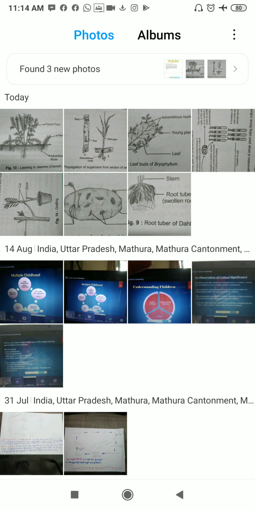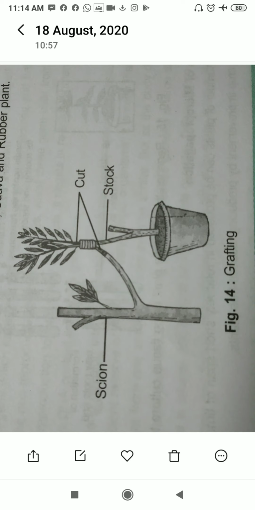In the grafting method, a very young scion. In this, they take a part of a stem, part of a desired plant variety with superior characters. In this, scion and stock play a very important role, as you can see in the picture also. Now stock is the rooted plant.